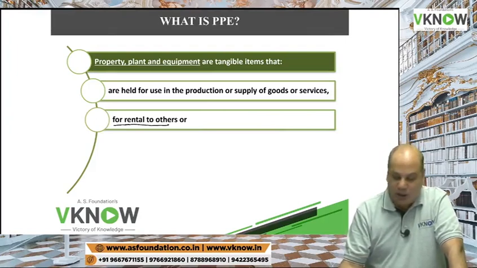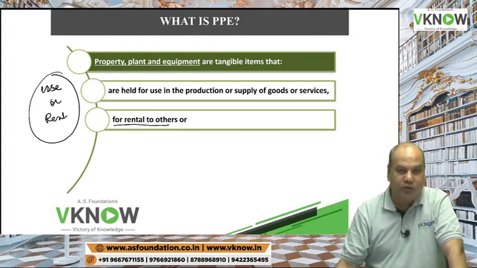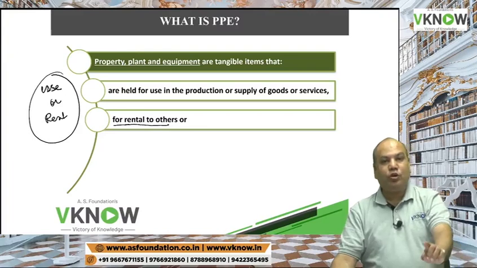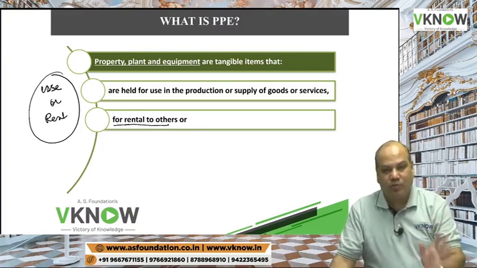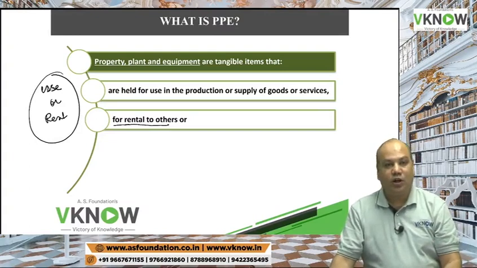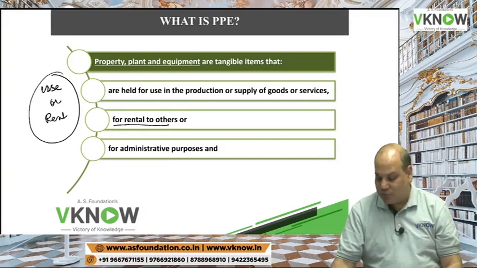PPE are items either you use yourself or you give it on rent. So suppose you have a house which you are not using, you can give it on rent. That house will be PPE. You have a car, you can give the car on rent. That car is also PPE.